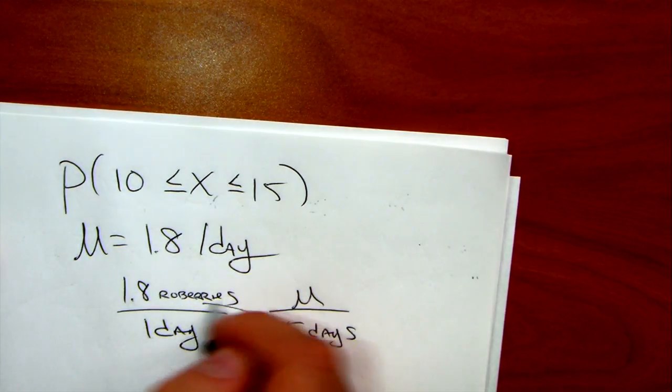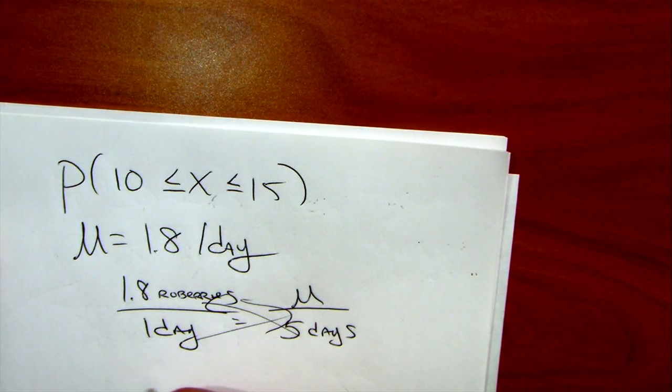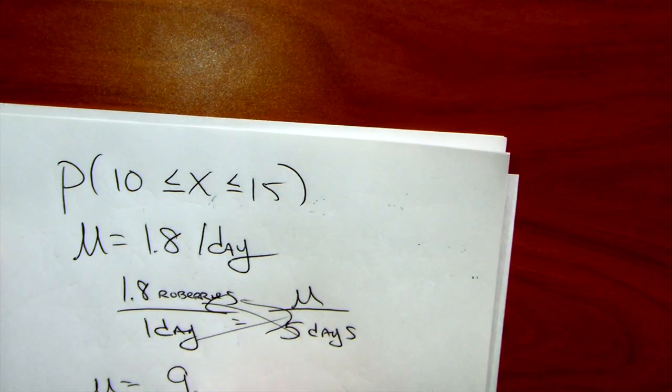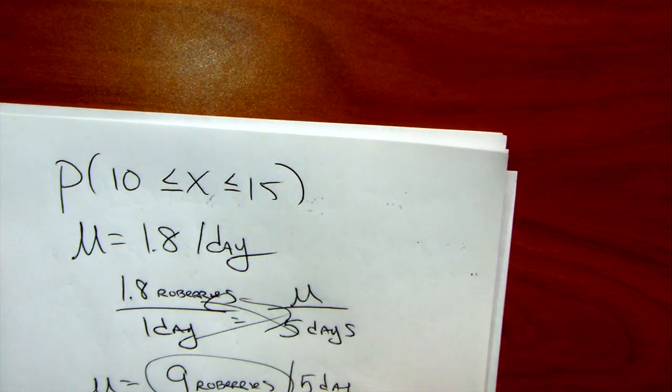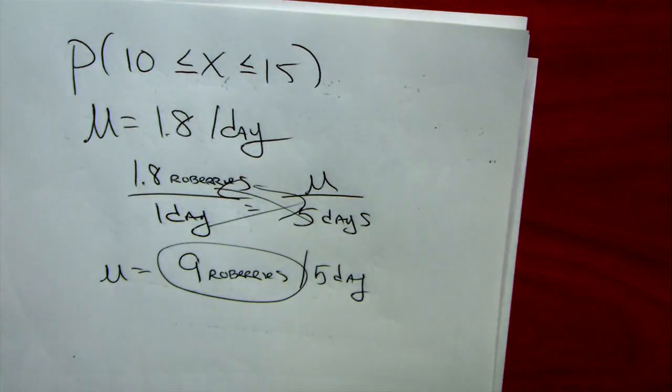Well, I cross multiply, I get the average is 9 robberies per a 5-day period. So this is my mean. This is just the period it's over. So I'm not going to use that 5. I just adjusted it. So 9 is my average. So I want between 10 and 15 inclusively.